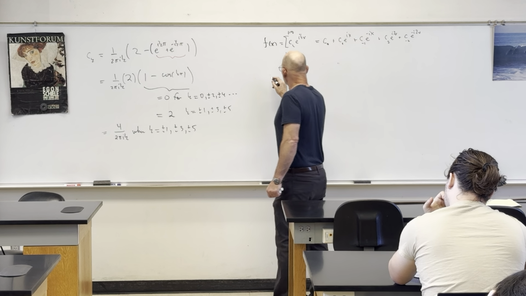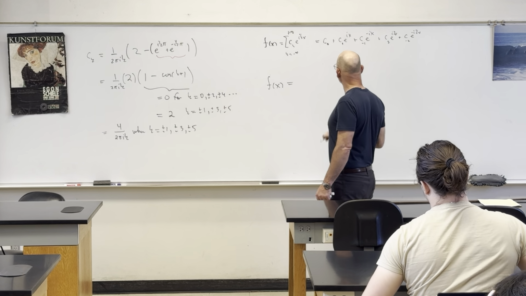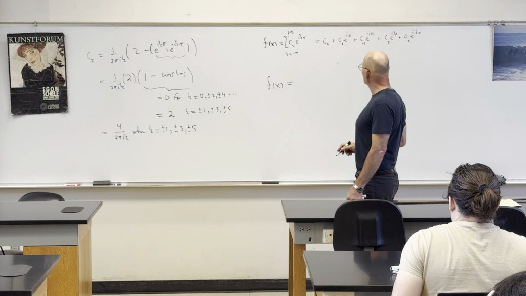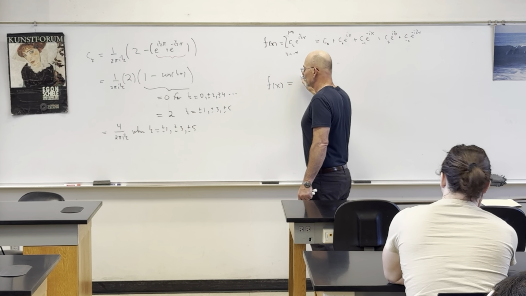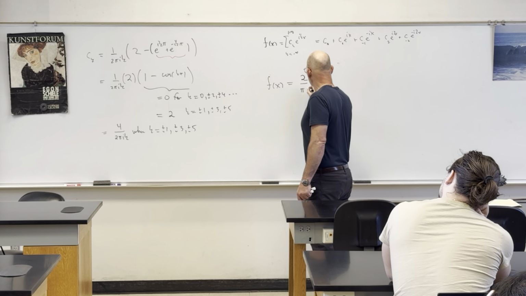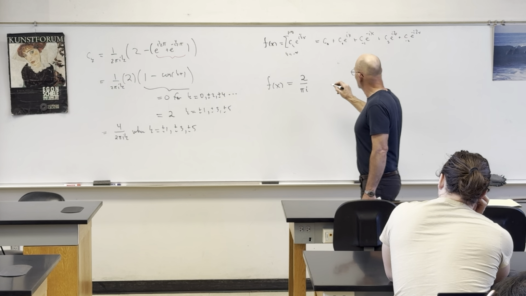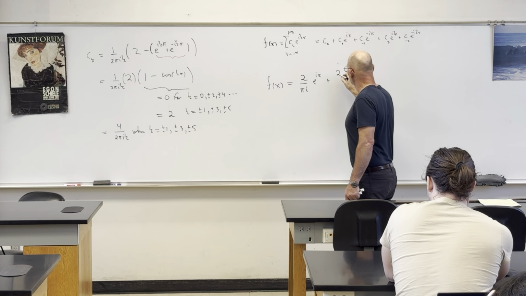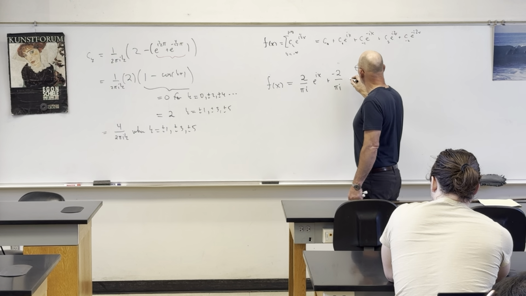So here we go. We have f of x equals c sub 0, which is 0, then c sub 1 plus c sub -1. So 2 over pi i e to the ix, plus 2 over pi i, because k is equal to -1, so minus e to the minus ix.